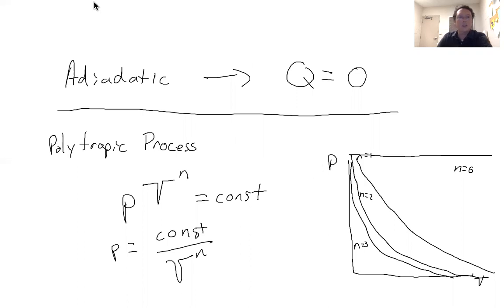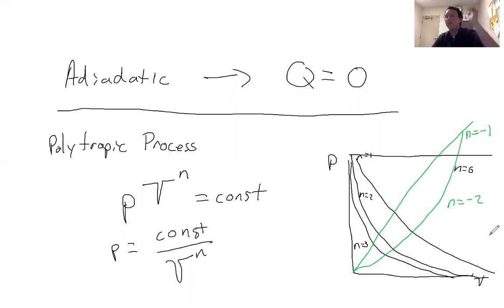I'm going to change color so you can keep track of this. It's getting cluttered, but okay. n equals -1 would give you a line, P is proportional to V. And then I could do n equals -2, and it's going to look like a parabola. And -3, -4, whatever.